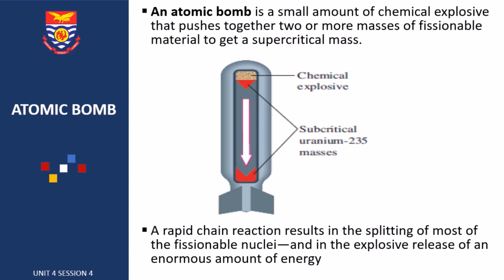At the supercritical mass, there is a rapid chain reaction resulting in the splitting of the fissionable nuclei, and this in turn releases an enormous amount of energy. In the gun-type bomb, one piece of uranium-235 of subcritical mass is fired into another piece by a chemical explosion. The two pieces together give a supercritical mass, and a nuclear explosion results.